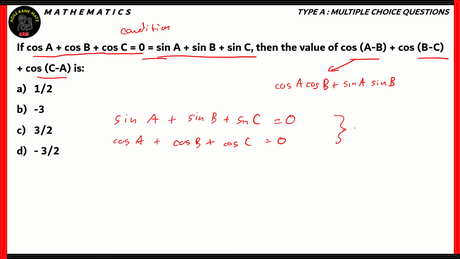Now, what we're going to do is square both sides. The square of 0 would still turn out to be 0, but on the left-hand side, you'll see something interesting. It would turn out to be the square of the sum of 3 elements.